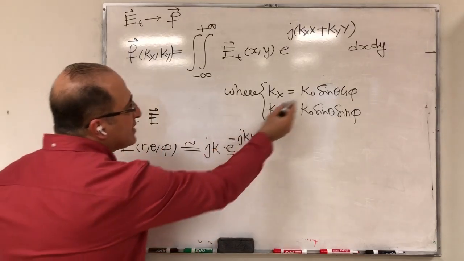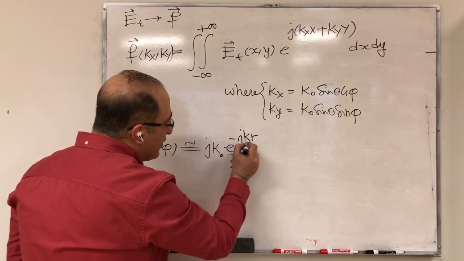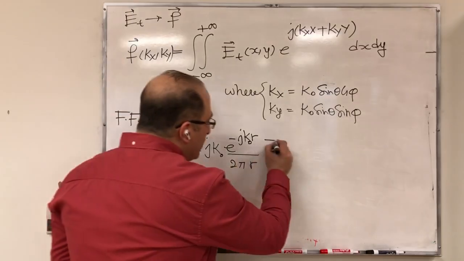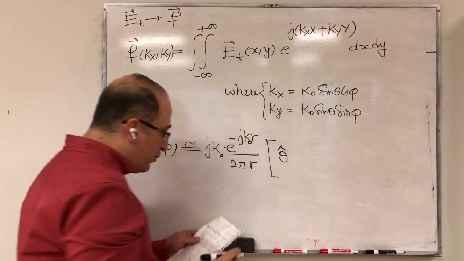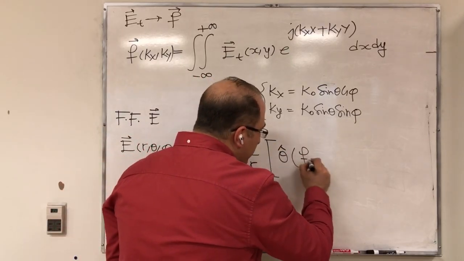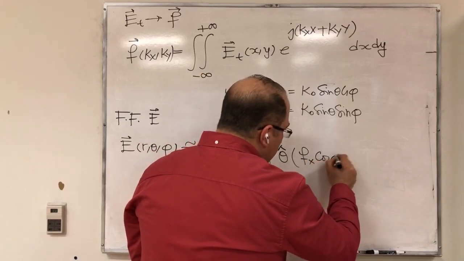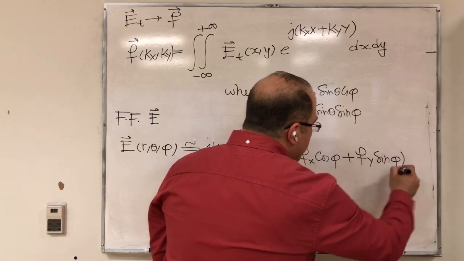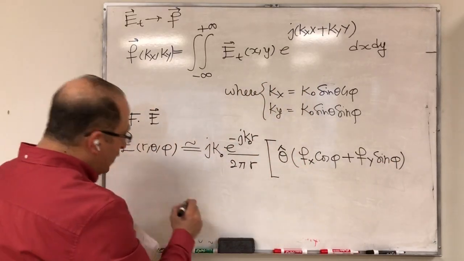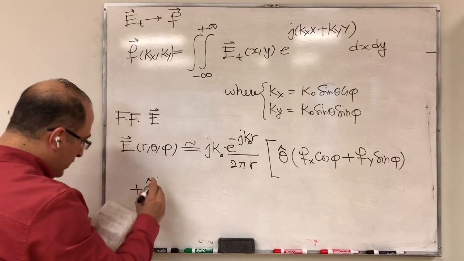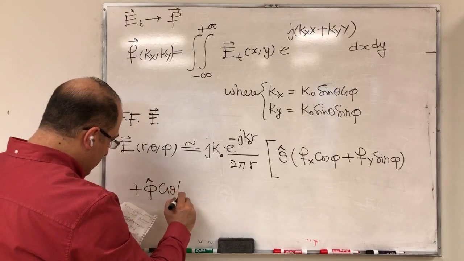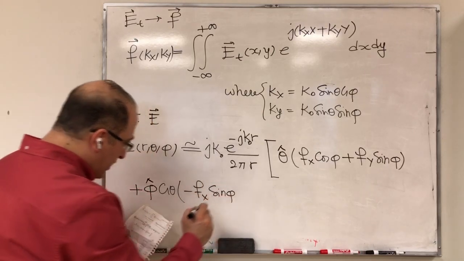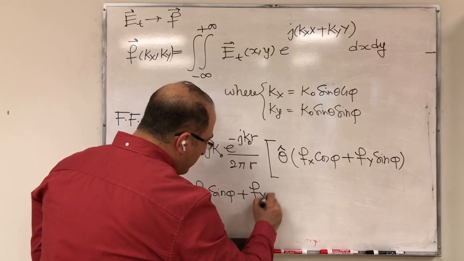This k is the same as k naught, so you may want to replace it with k naught to say it's free space. Then you get the theta hat component to be fx cos phi plus fy sine phi, plus the phi hat component, cos theta times minus fx sine phi plus fy cos phi.